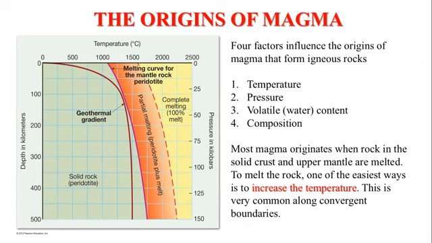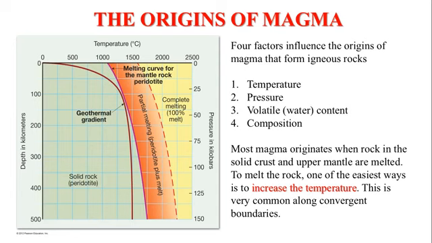So whenever we start asking ourselves, okay, what conditions influence the origins of magma that form these igneous rocks? Well, as you can see here, there are four primary factors that influence it: temperature, pressure, volatile content, meaning gases, specifically water content, and composition.